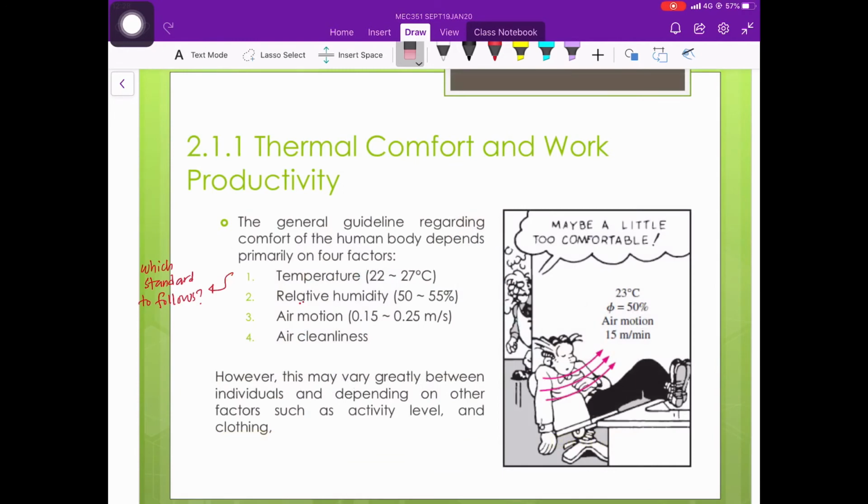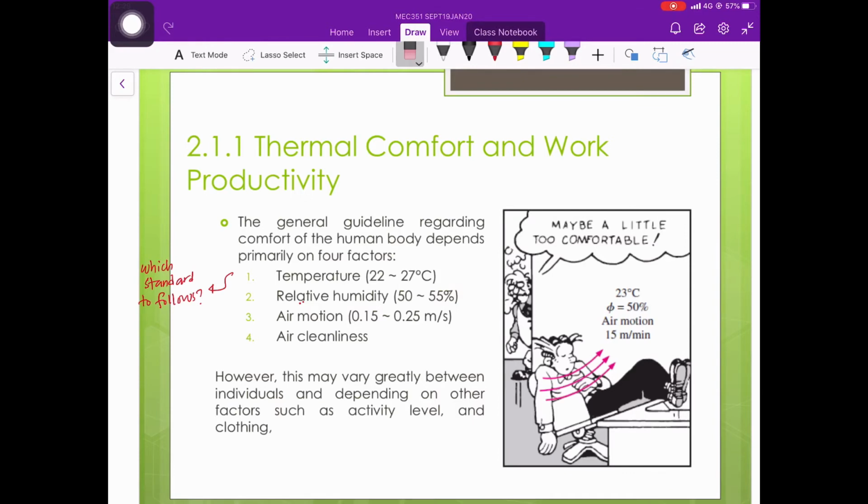Thus, we need to have some guidelines or standards for us to get the range that can be defined as human comfort. For example, the temperature within the range of 22 degrees Celsius up until 27 degrees Celsius is the range that can give human comfort to the occupants.